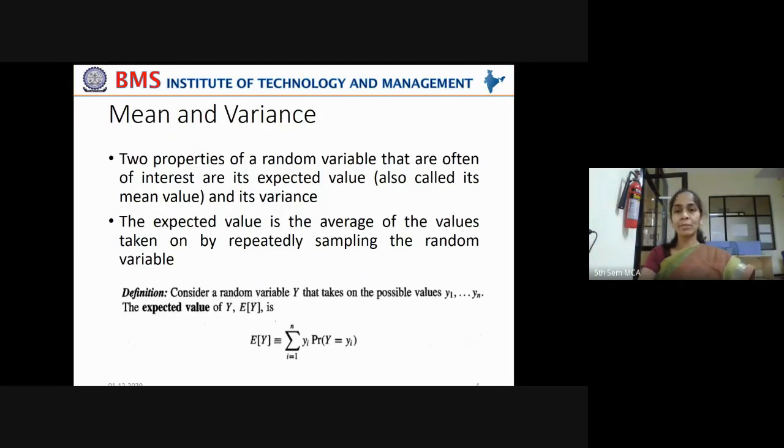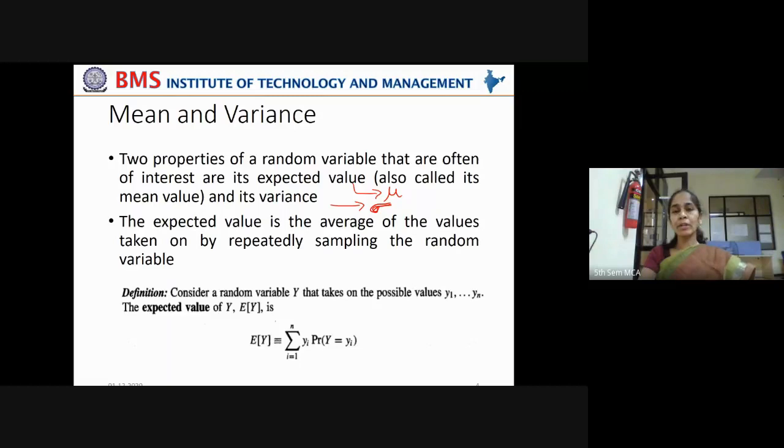Now you know what an expected value is, right? The expected value is indicated by mu. Mu is the mean or average of that particular random variable, and variance is denoted by sigma squared. Sorry, sigma is for standard deviation.